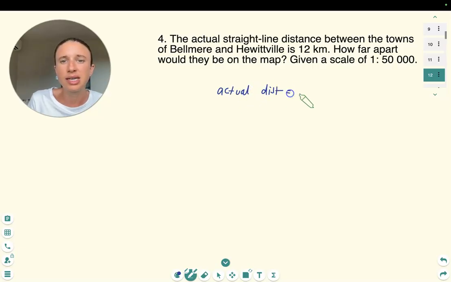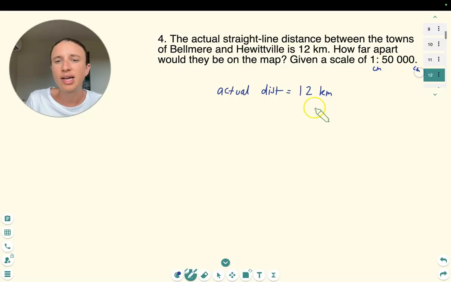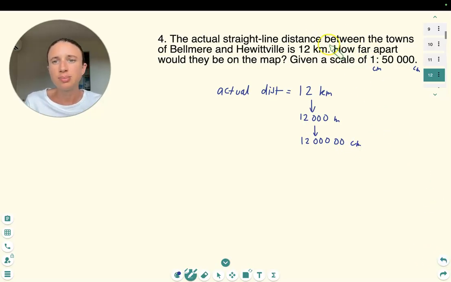Actual distance equals 12 kilometers. And while I'm here, I'm going to convert that to centimeters. So to get that into meters, it's going to be 12,000 meters. To get that into centimeters, it's going to have a couple more zeros on the end. Okay, just breaking it down sentence by sentence.